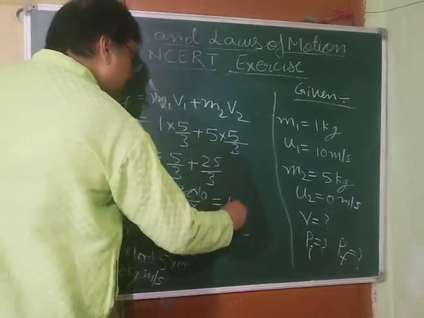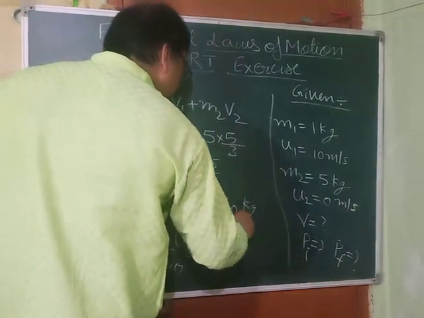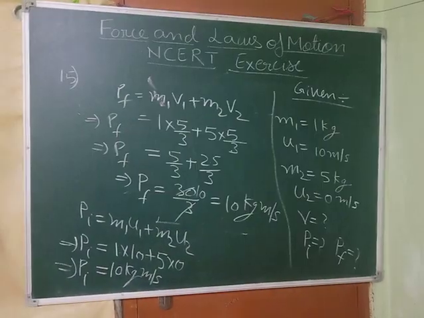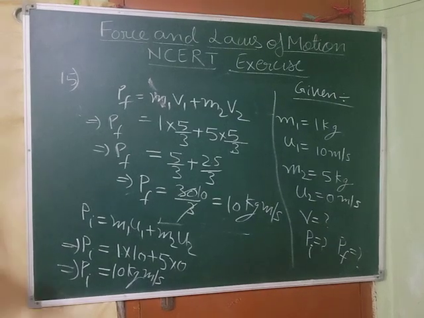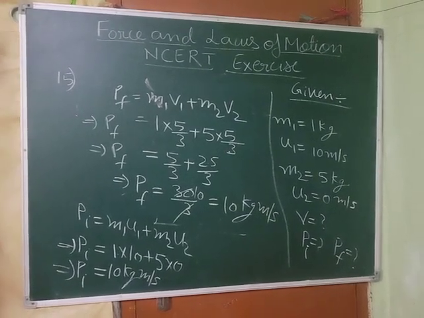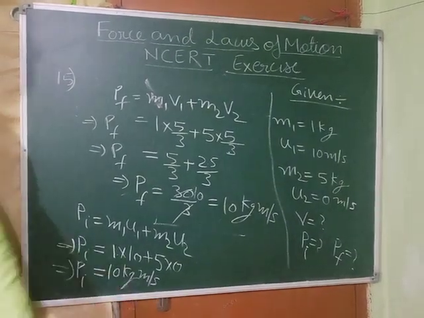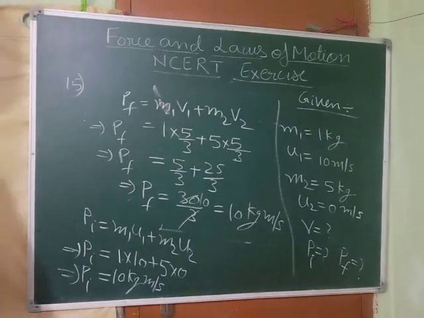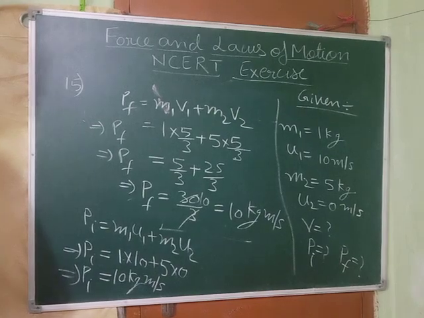So we get 10 kg meter per second. The final momentum is 10 kg meter per second. What was the initial momentum? It was also 10 kg meter per second. So you got the final momentum, the initial momentum, and the common velocity.